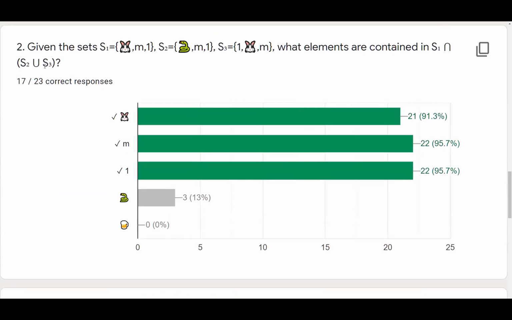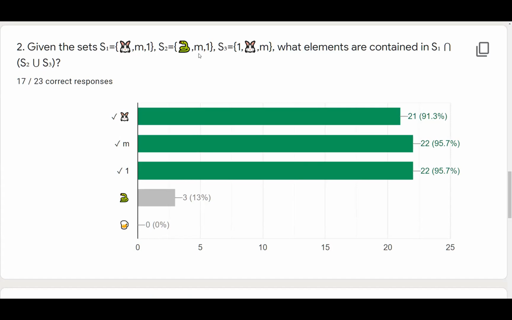Okay, I start with what's inside the parentheses. The question is S1 intersection (S2 union S3). So we first start with what's inside the parentheses. Here I have sets. They're not sets of animals or numbers or letters or anything. It's a set of everything that could be in these sets. We don't care, we just have to define them. So what's the union of S2 and S3? That's the combination of both.